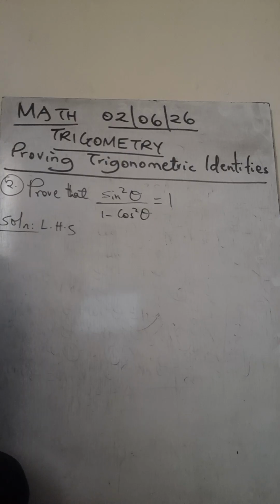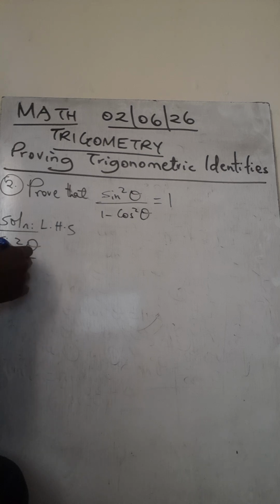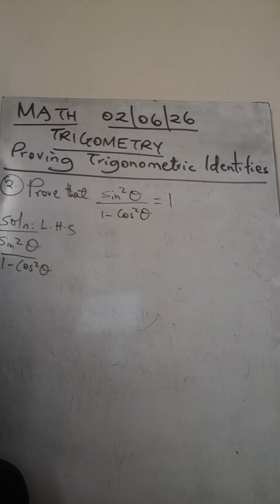Let me find out. So sine squared of theta over 1 minus cos squared of theta. I want to show that this thing equals 1.